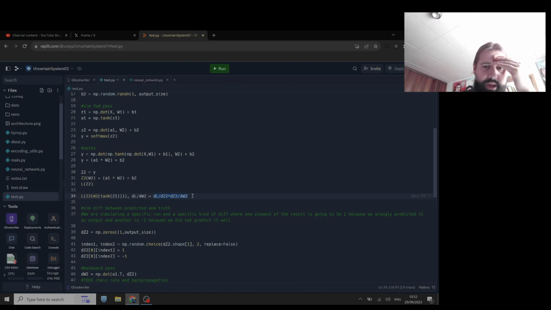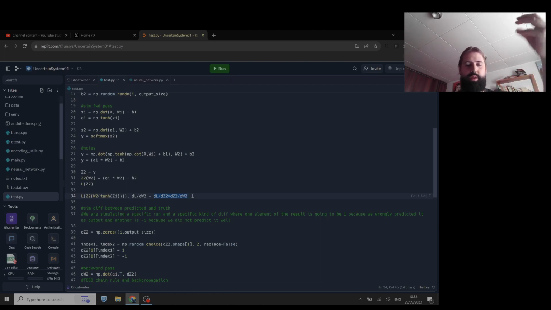But instead, I'm like, no, let's take the loss function and replace the parameter y with the actual formula, which is this whole thing here. And then now I need to calculate the derivative with respect to W2. But that's why the chain rule was derived in the first place, to simplify the process.